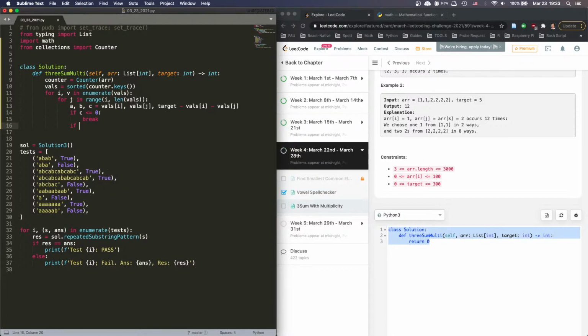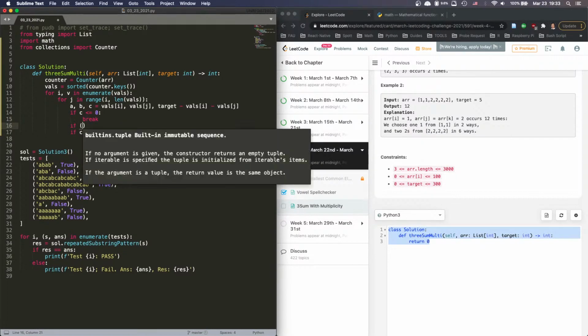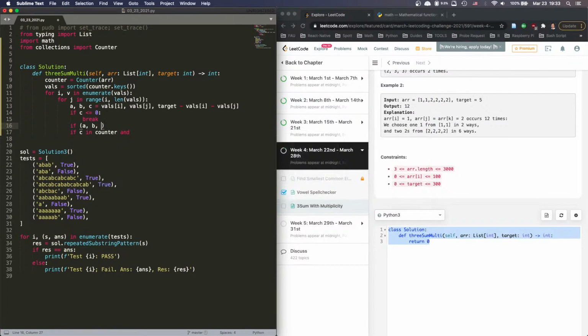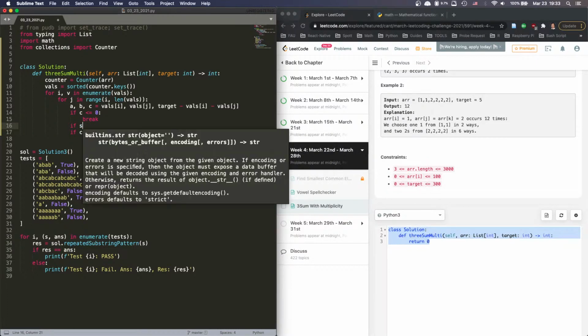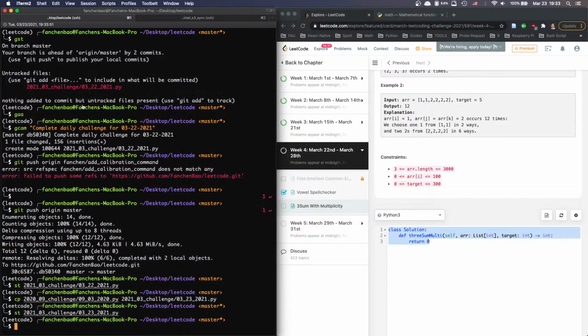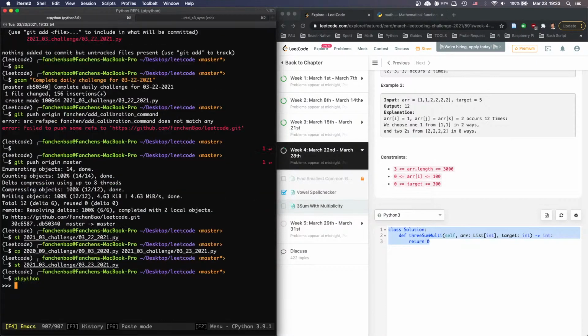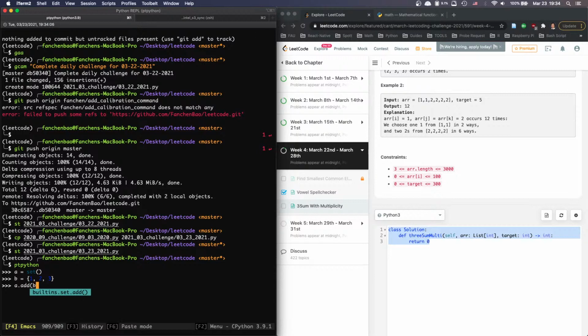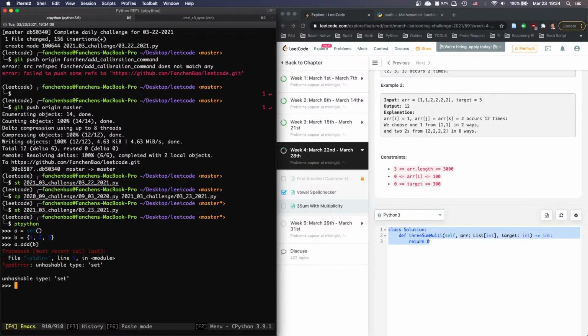Now, if C in counter... next one is if A, B, C. Oh, it's going to be a set. Set can be like this: A, B, C. I think set is hashable. So we say A equals a set, B equals set 1, 2, 3, and I say A dot add B. Unhashable, set is not hashable.